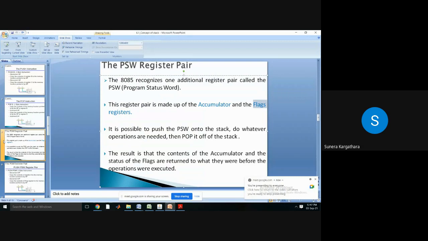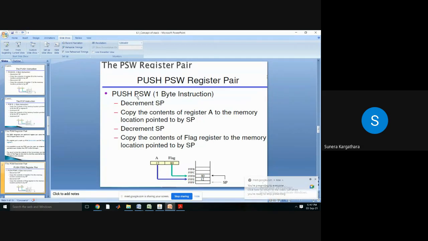But suppose, students, if we write push PSW, what will happen? Your accumulator's and flag register's data will be transferred onto the stack. Suppose your accumulator content is 12 and flag content is 80; now you have a provision to transfer the content of flag onto the memory.